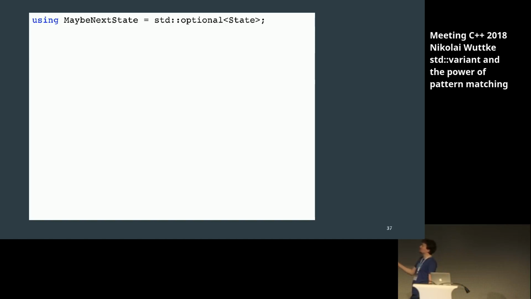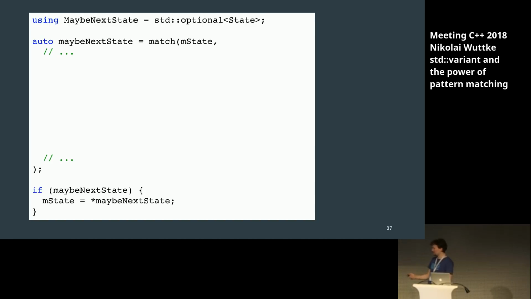So I define an optional new state, and then I say, okay, my match function, or rather the lambdas that I pass to my match function, need to return an optional new state. So if they want to transition to a new state, they have to return the new state object. If they want to stay in the same state, they return an empty optional.